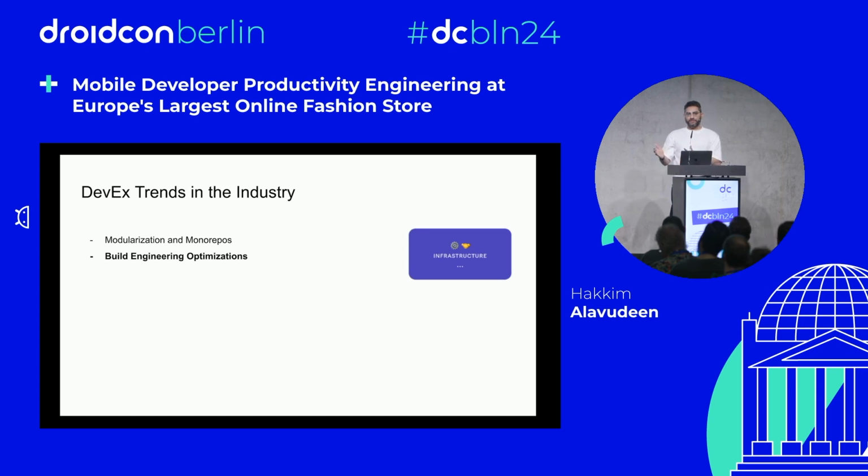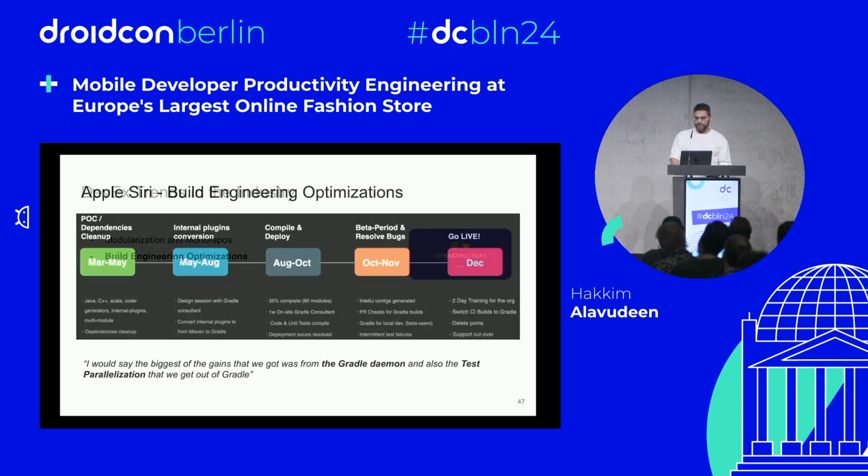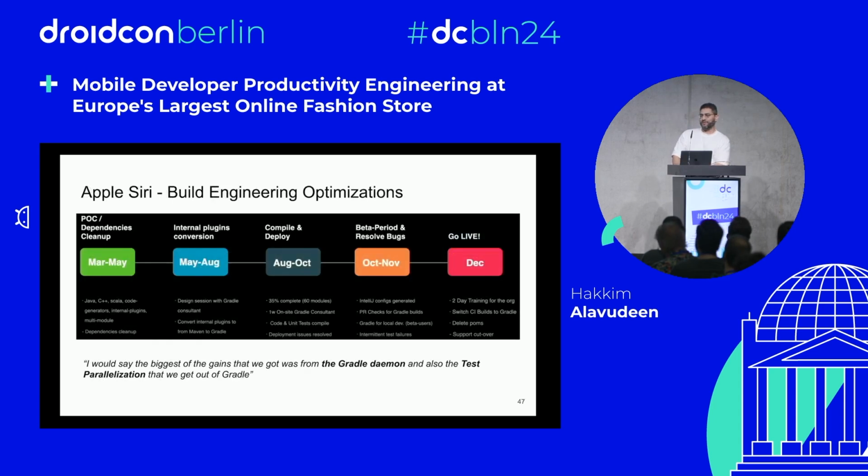The solution we're seeing a lot of institutions adopt is to invest in build engineering optimizations, and that very often takes the form of investing in more sophisticated build tooling. This is an example from the Apple Siri team, who over the course of a year migrated their build system to Gradle Enterprise.